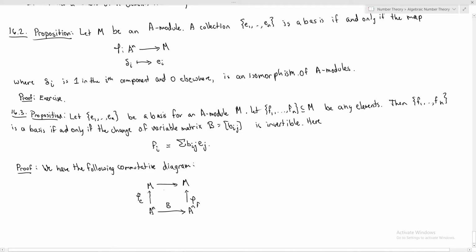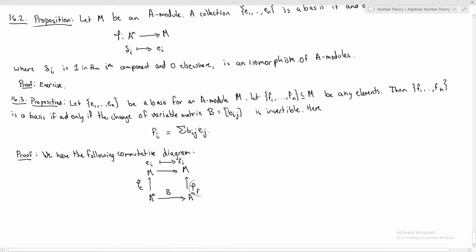Okay, and then you ask, what is this top map here? The top map sends e_i to f_i. And if e_i is a basis, this will be a well-defined morphism. And for f_i to be a basis, I guess first you need to check that this actually commutes.